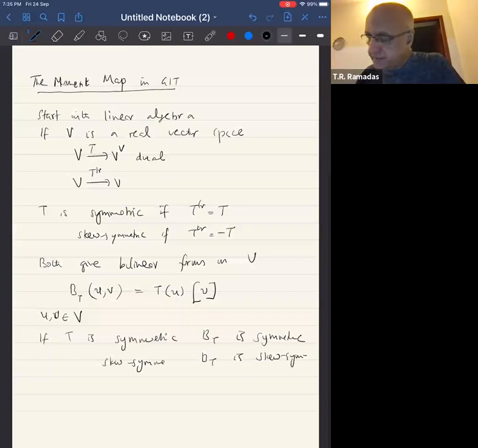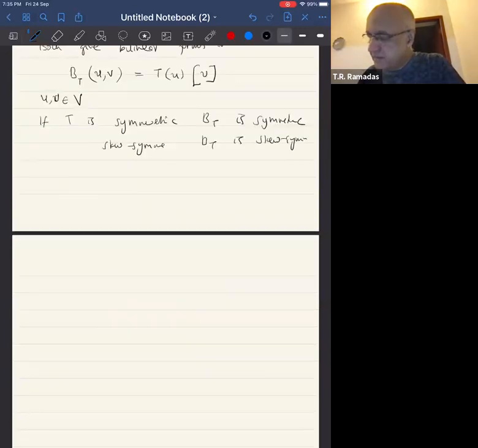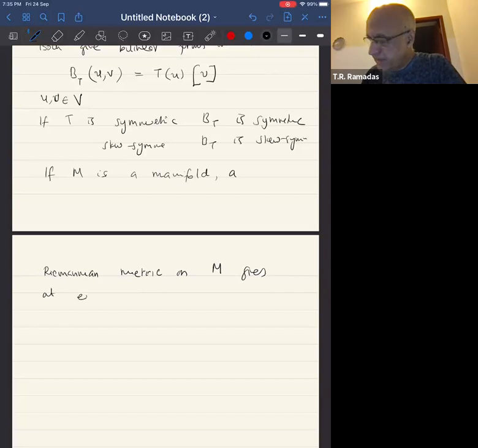So now, if M is a manifold, a Riemannian metric on M gives at every point P in M a symmetric bilinear form, and therefore it gives you a map TP from the tangent space TPM to TPM dual.